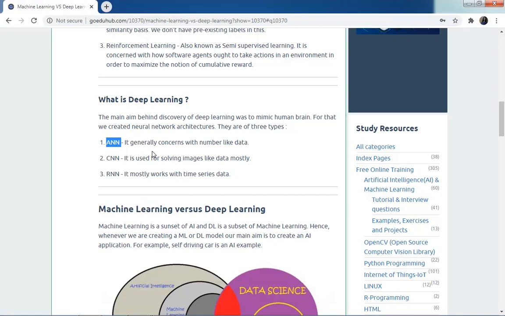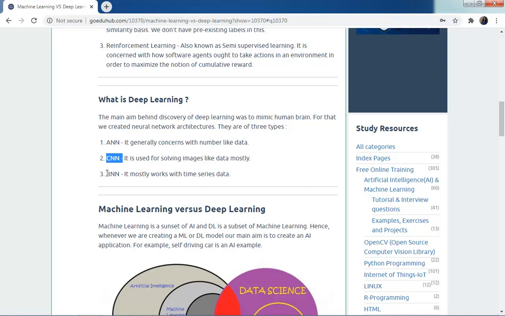Generally it works with normal data, number-like data. And then we have a different type of neural network, that is the convolutional neural network. It is used for solving image or video problems. And then the third type of neural network is the recurrent neural network. It mostly works with time series data.